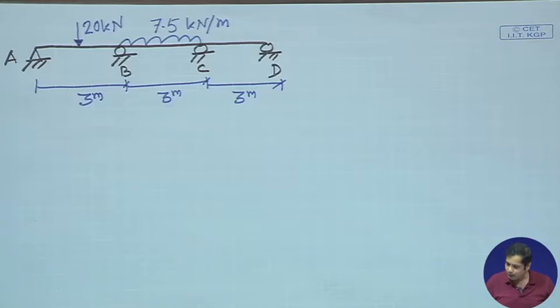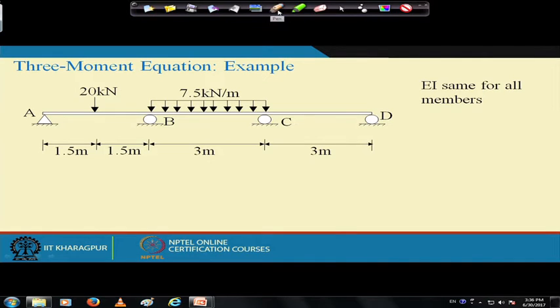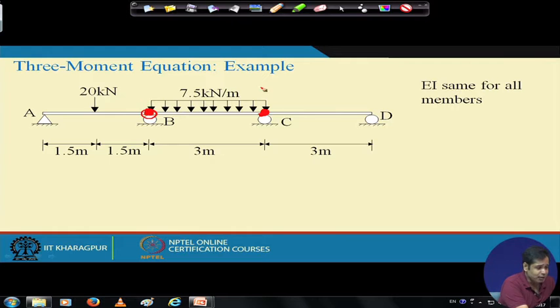Now, the first step is to assume that there is a hinge here at B and a hinge here at C. By inserting hinges, we are releasing the moment constraint, or rotational constraint, at B and C. Static indeterminacy of this problem is 2, so we insert one hinge at B, releasing one constraint, and another hinge at C, releasing another constraint.